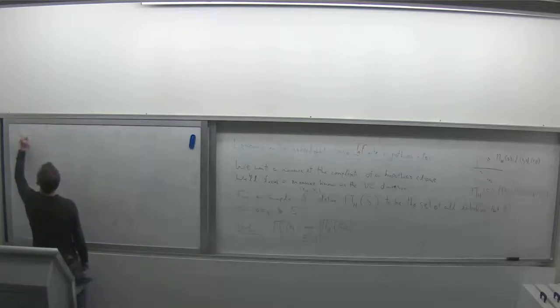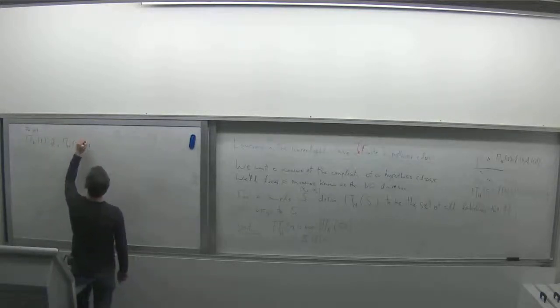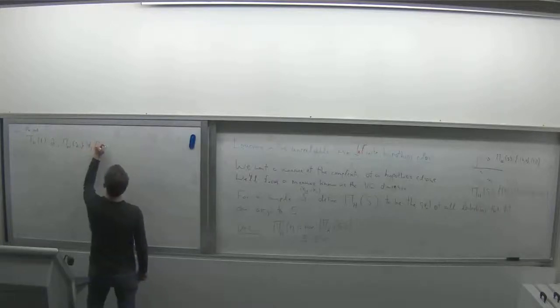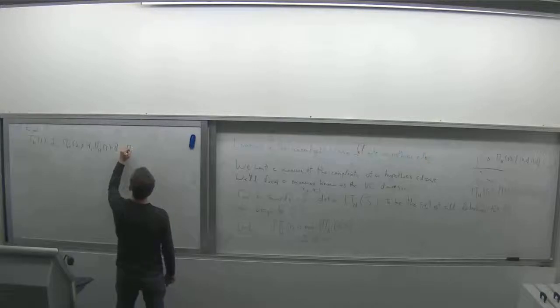So what is pi h for our rectangles? What is pi h 1? 2, right? What is pi h 2? 4. What is pi h 3? 8, right? What is pi h 4?